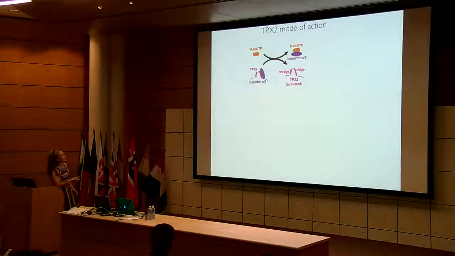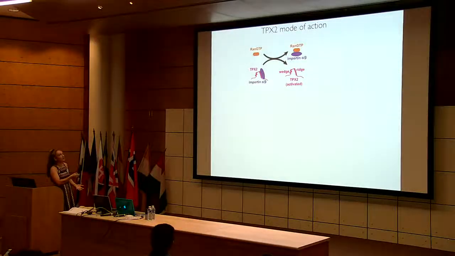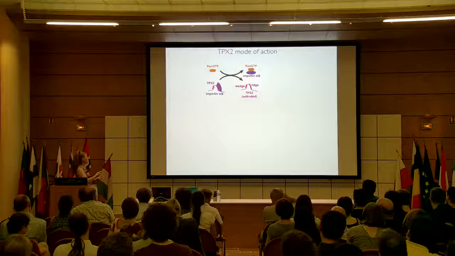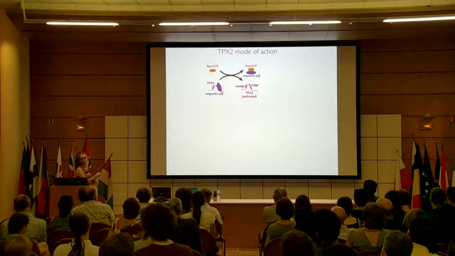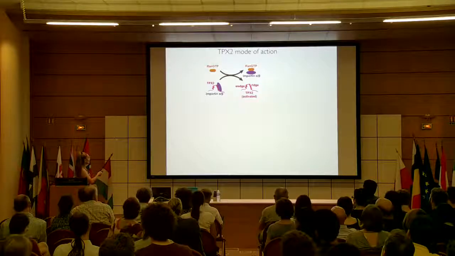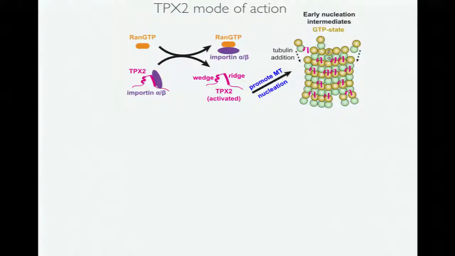So the structure has first told us how the Ran GTP controls binding and function of TPX2, because it really is occupying the binding site that is required for binding to the microtubules.